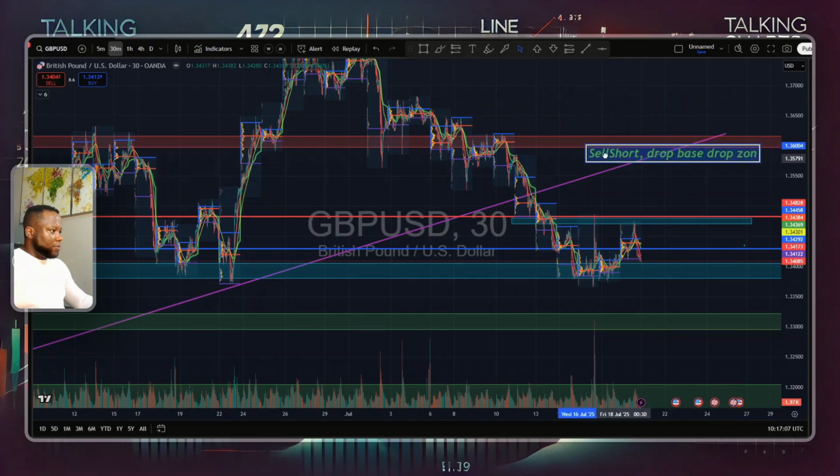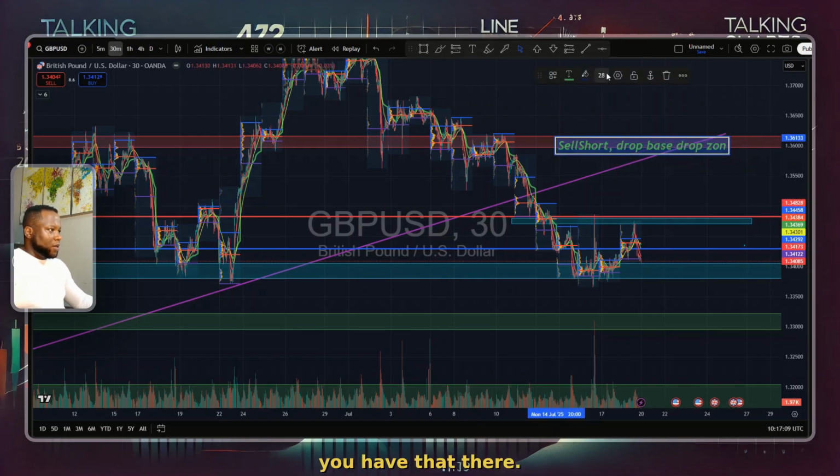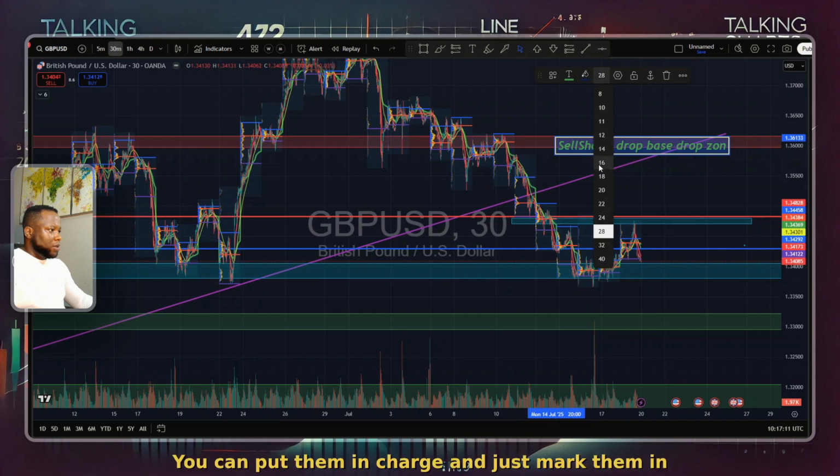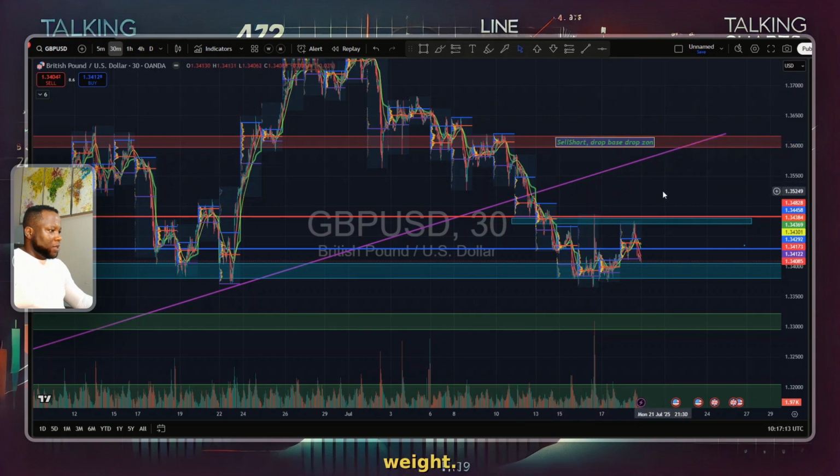Okay, so you have that there. You can put them in your charts and just mark them. Here we have another resistance area. Resistance zone, sell short.